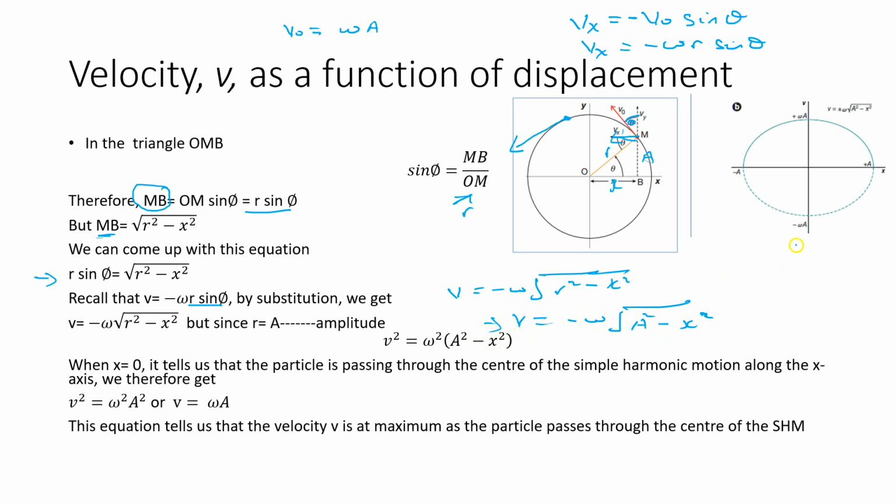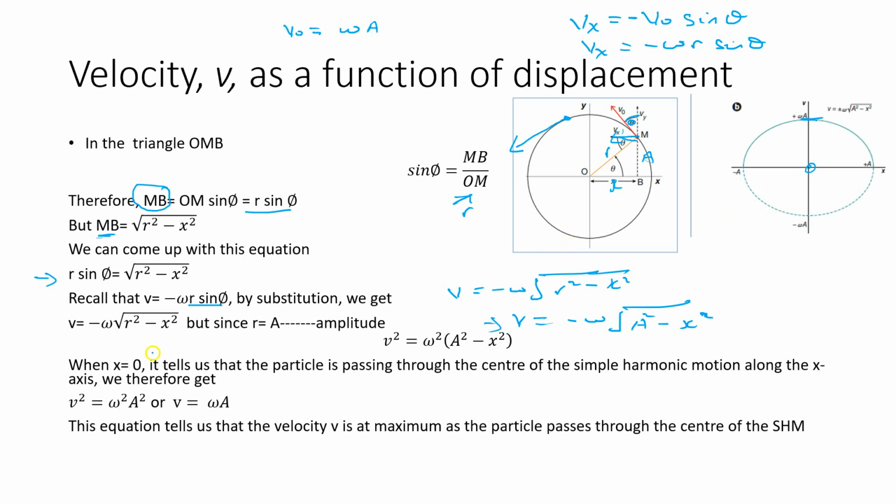If you were to represent this equation on a graph, this is essentially what you would get, showing that when X is at 0, V is going to equal omega times A. That is when you would have your maximum velocity.